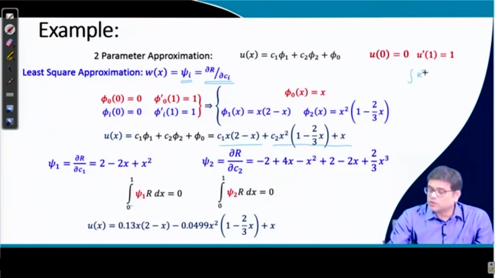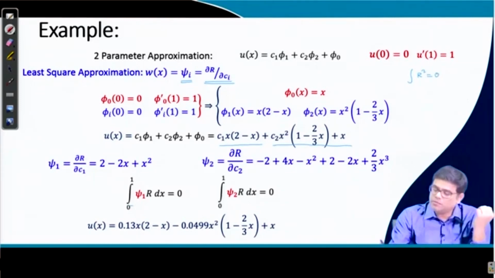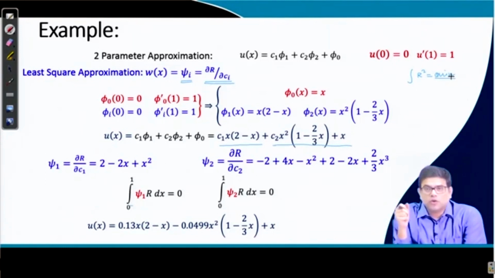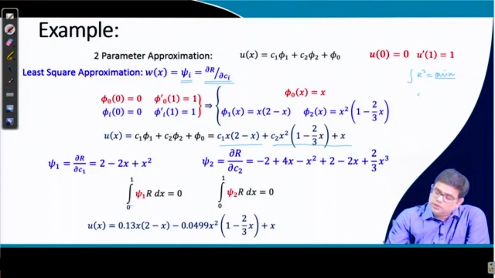The meaning of this is that the integral of r square, I just wanted to make 0 or minimum, so that is the requirement. So I just take the normal equation, del by del Cj. Essentially Cj's are my unknowns, so r will contain Cj and phi.